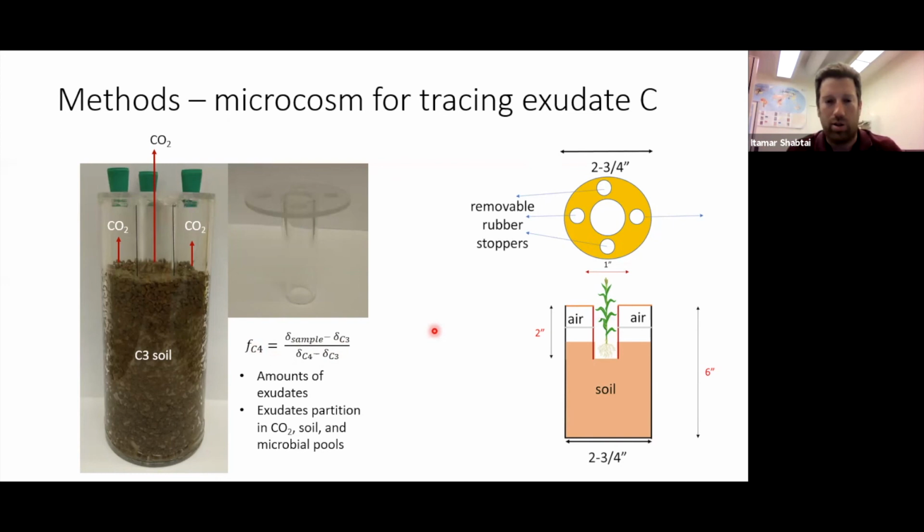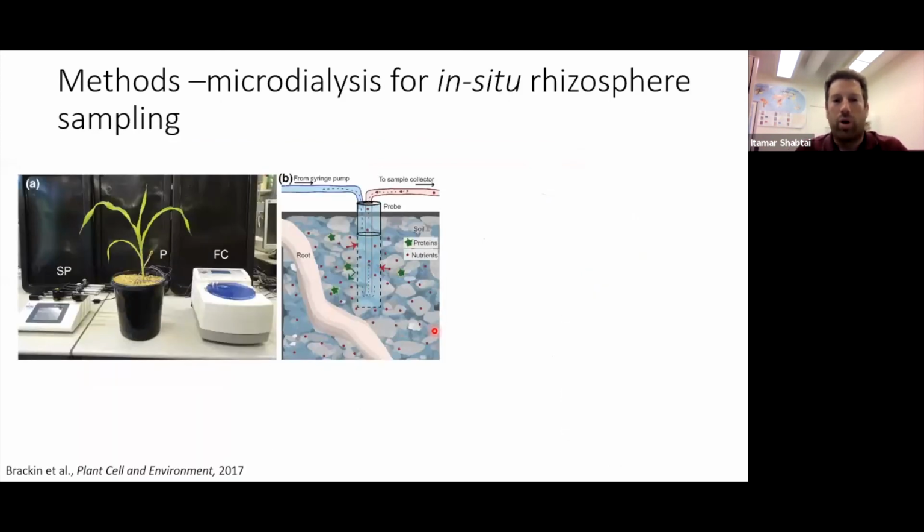under different experimental conditions. And then to try to probe the composition of the rhizosphere solution as roots grow and compare it with bulk soil, we are going to use microdialysis probes, which are basically these tiny tubes that have a semi-permeable membrane, and we pump a solution through this tubing, usually just water or some salt solution, and as the solution flows, some of the solutes in the soil diffuse into the membrane, then we can in situ probe and collect the solution with minimal interference.